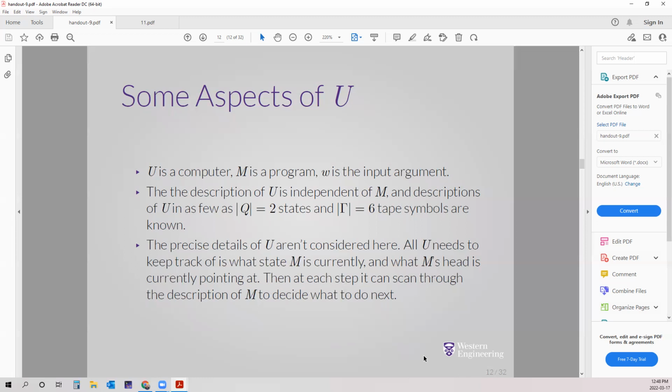All U needs to keep track of is what state M is currently in, and what M's head is currently pointing at in the memory, in these 6 locations. Then at each step, it can scan through the description of M to decide what to do next. And you remember, we are moving left or right. If we are at the beginning of the tape, we have to move right.